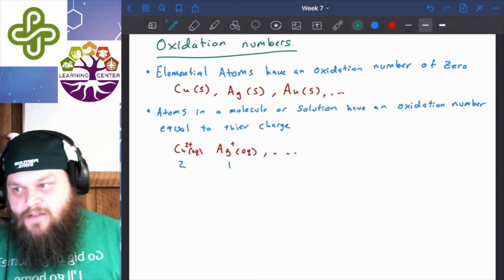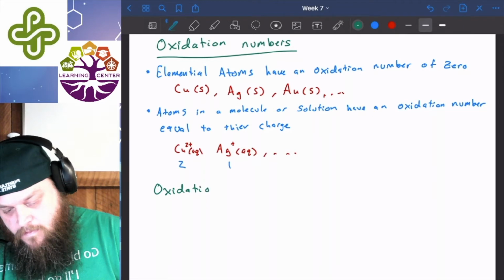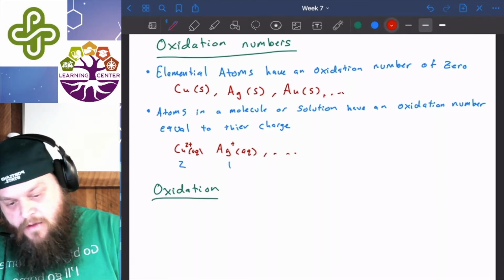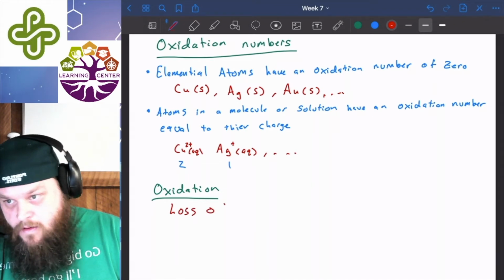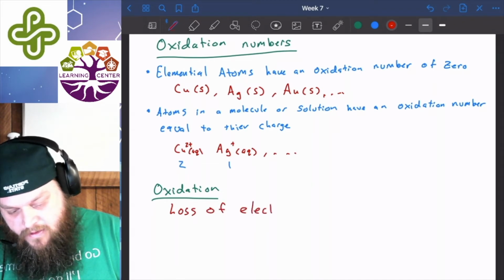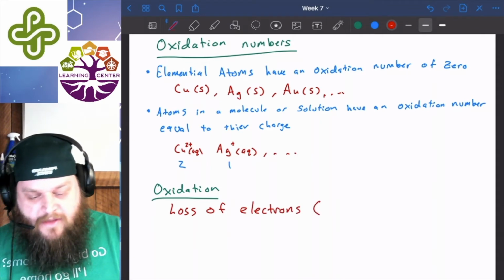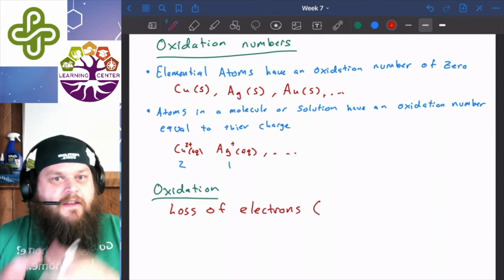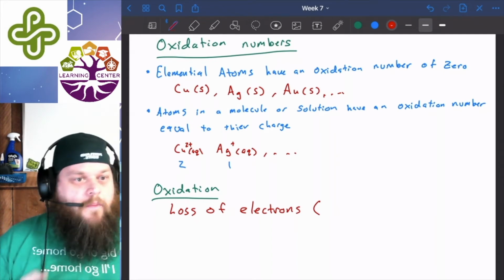So we call that oxidation, the loss of electrons. It usually means that from the initial state to the final state, the atom has gotten more positively charged.